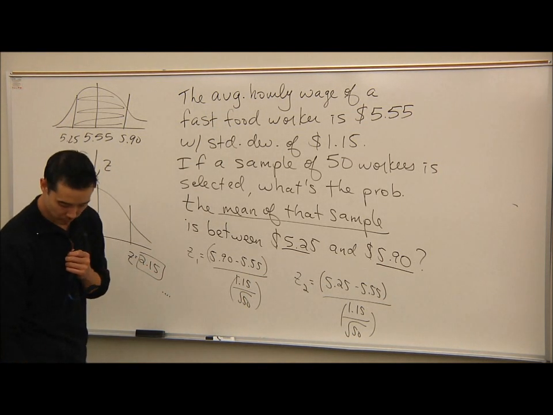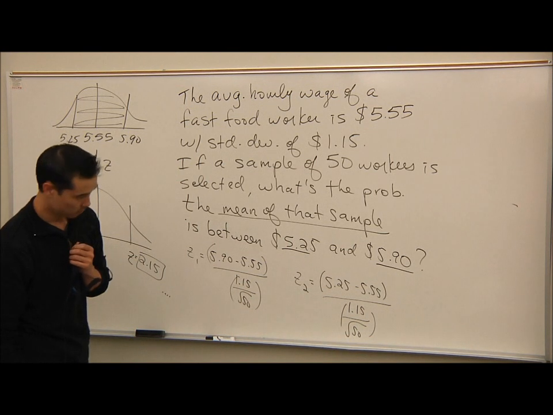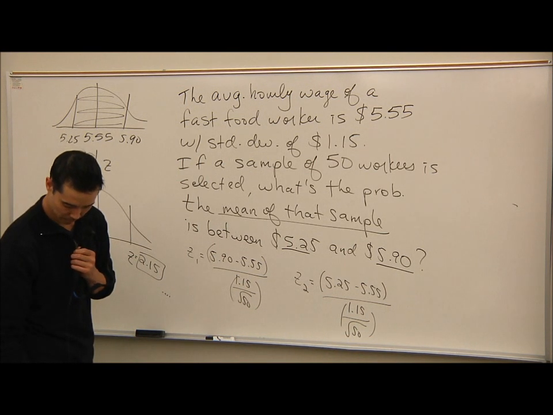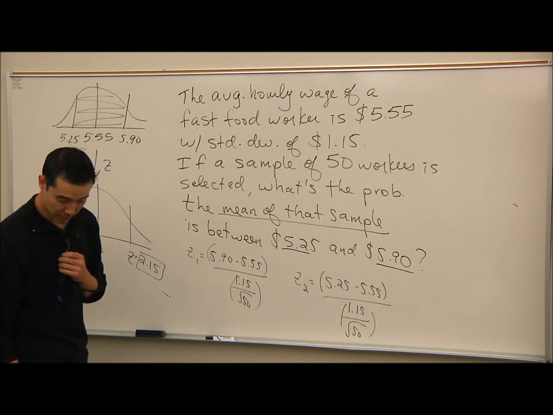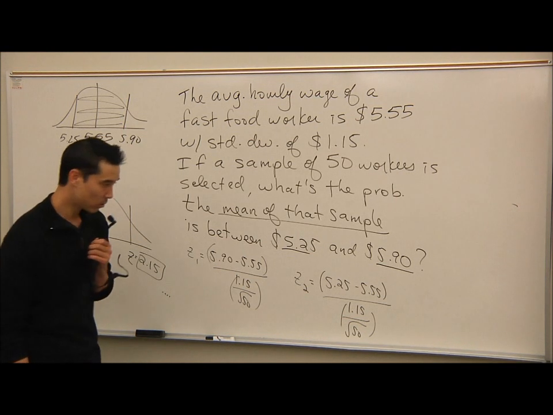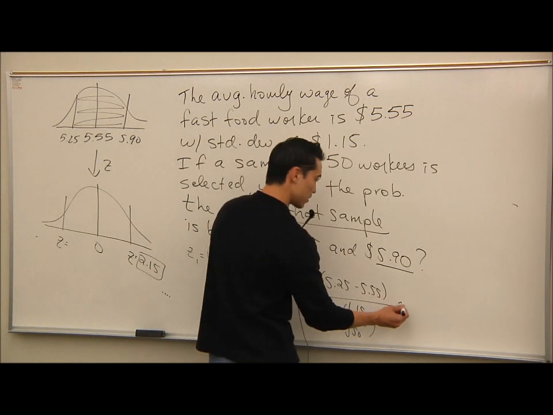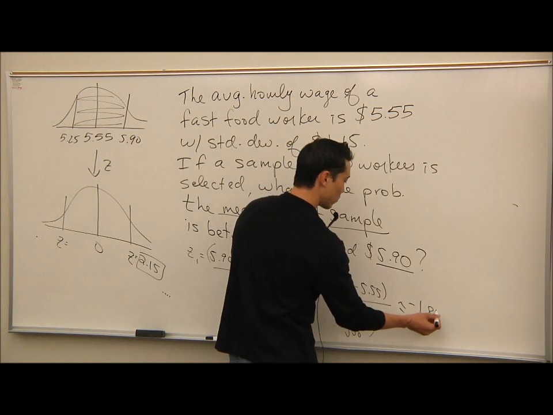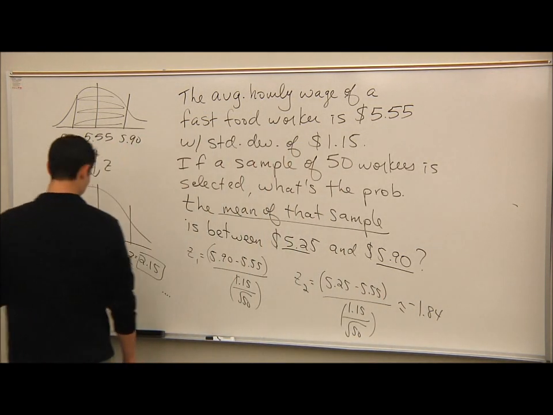And then let's do the left one. Approximately negative 1.84. So this one came out to about negative 1.84 if I rounded to 2 decimal places.